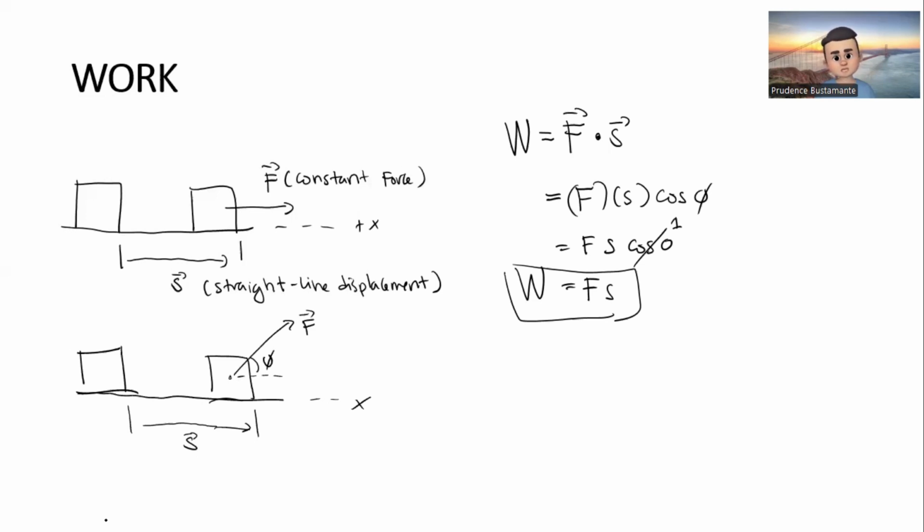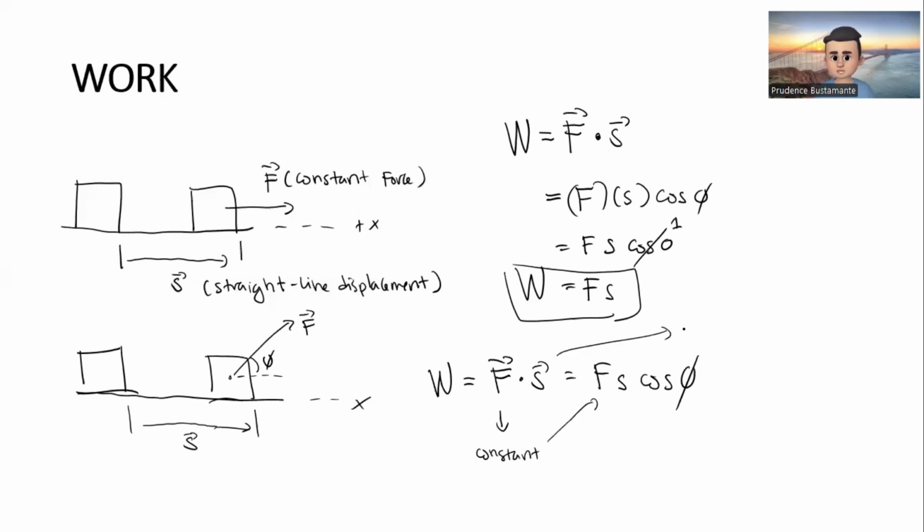So our work in this particular case is just equal to F dot S, which is F times S cosine of phi. In this particular case, F must be constant and S must be in a straight line.